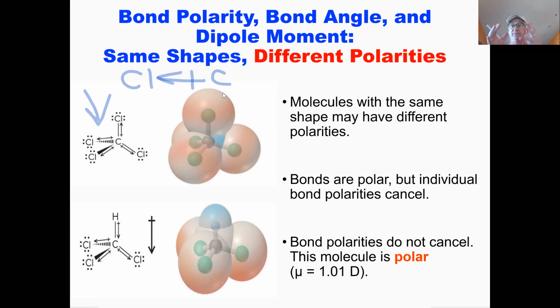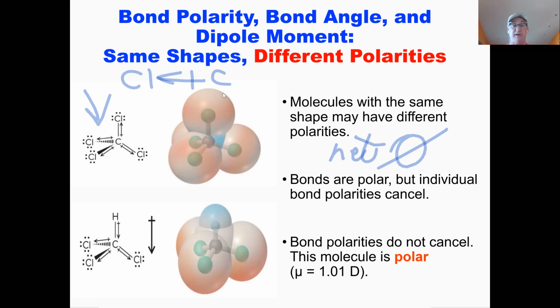As I mentioned, if you have a molecule that's completely symmetrical, all those bond dipoles are going to cancel each other out. So this has four polar bonds and no net dipole. The net dipole is 0.